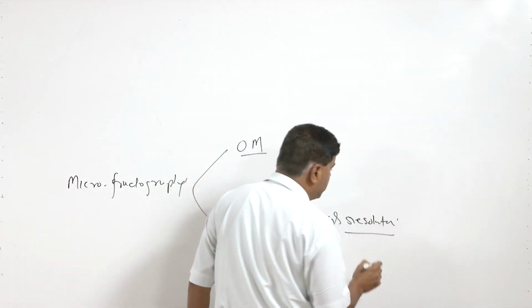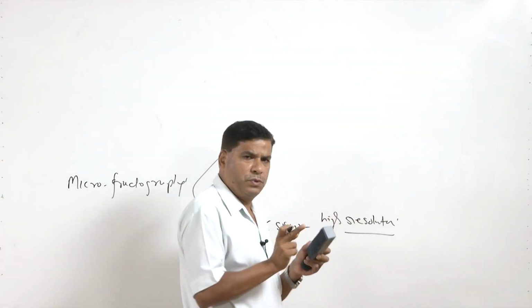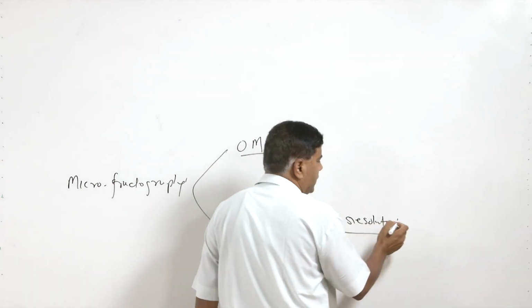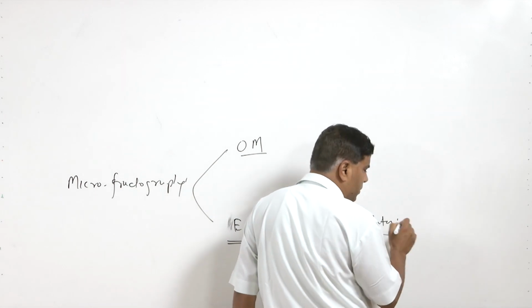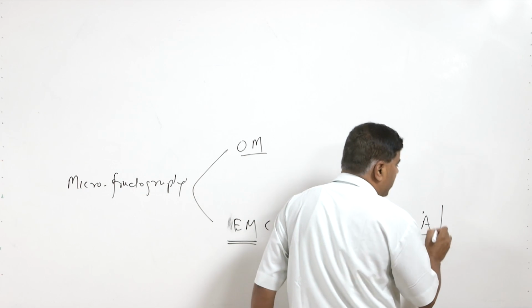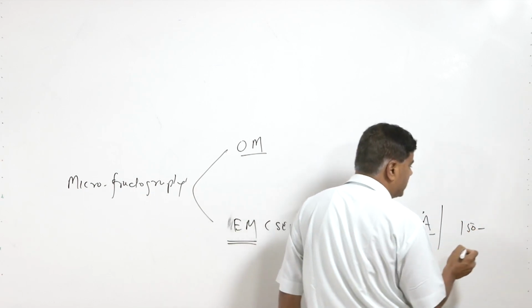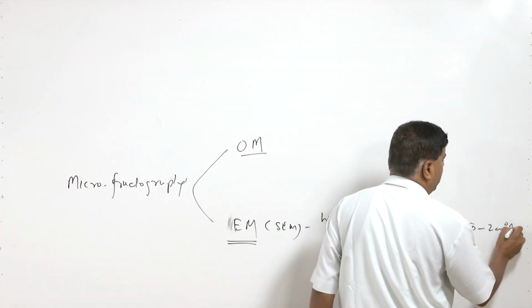which is the ability to identify two close constituents clearly. In the case of TEM or SEM, the resolution can be as low as 10 angstrom, but it is common to have a resolution in these systems of 150 to 200 angstrom.